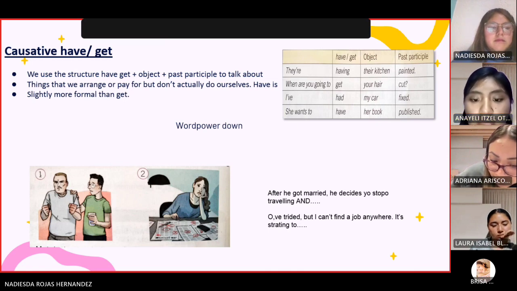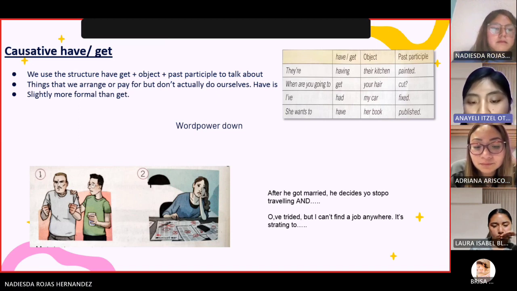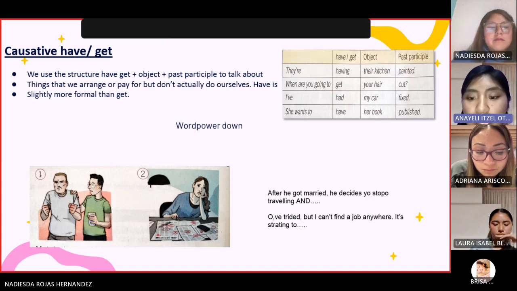For example, number 1, when are you going to get your hair cut? Number 2, I had my car fixed. And number 3, she was to have her book published.